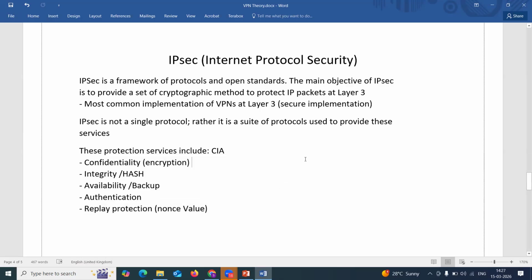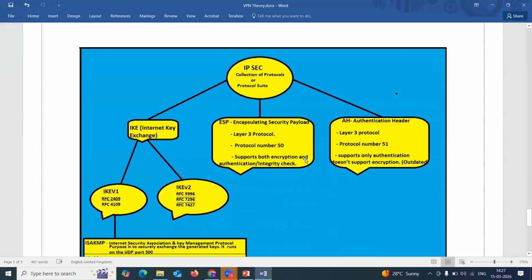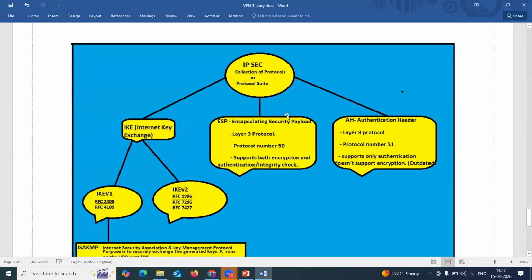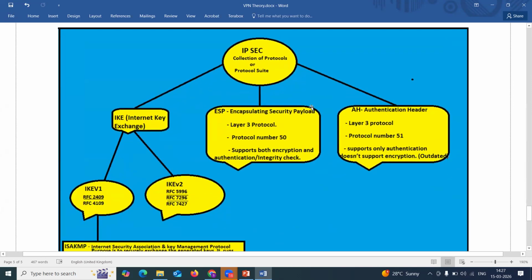Now, I was discussing IPsec protocols. Here under IPsec, we have 3 protocols. I'll show you a different graph as well. This type of graph which I have created here is my own creativity.